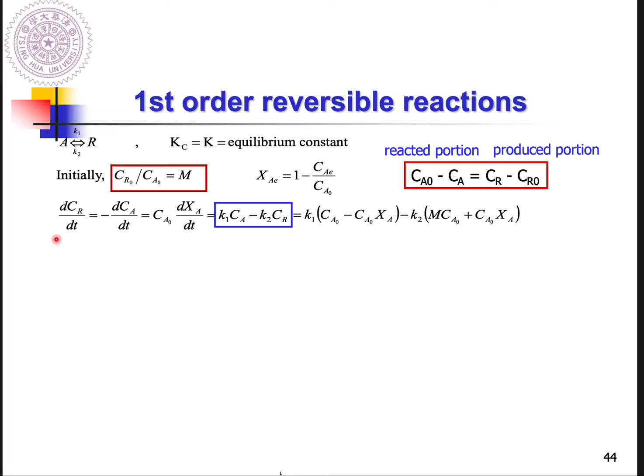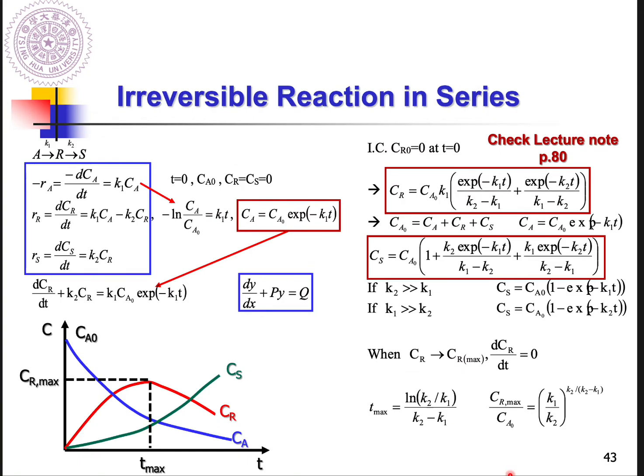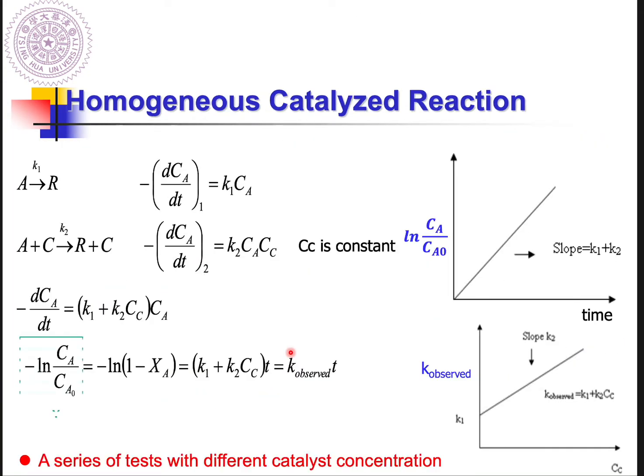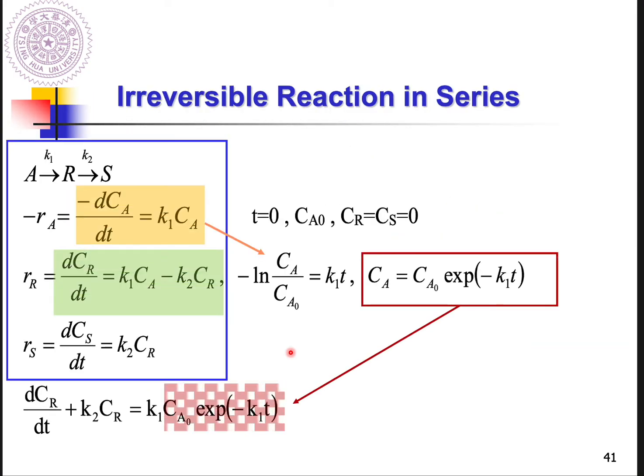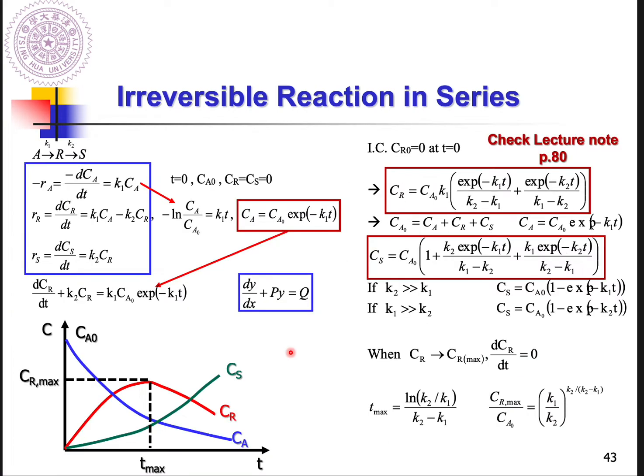So we can easily write down the generation rate dCr over dt, which is positive, and we consume reactant A, which is minus dCa over dt. You can substitute minus dCa with Ca0 dXa, based on the slide we introduced at the beginning of the integral method.